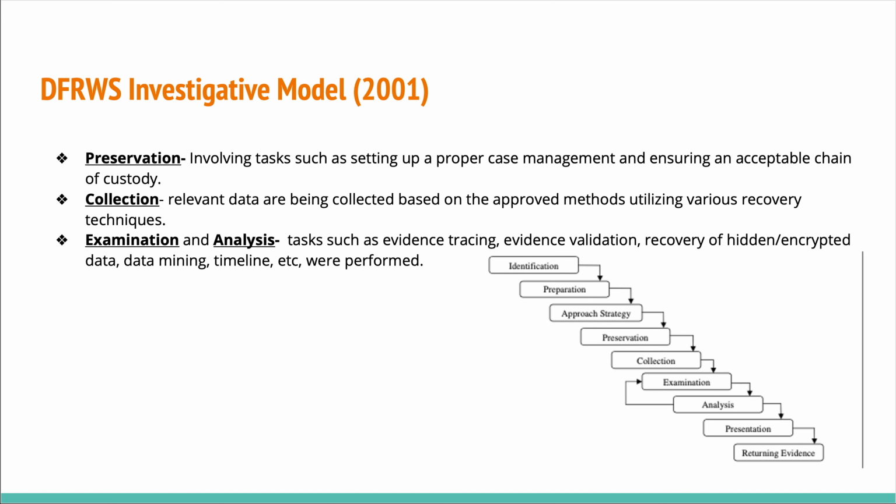The collection phase is where relevant data is collected based on approved methods and various recovery techniques. Finally, the examination and analysis phases involve tasks such as evidence tracing, evidence validation, recovery of hidden or encrypted data, data mining, timeline, and other things in that manner.